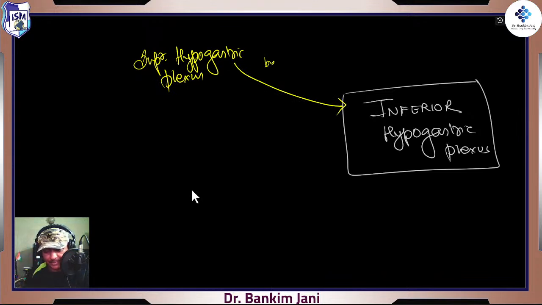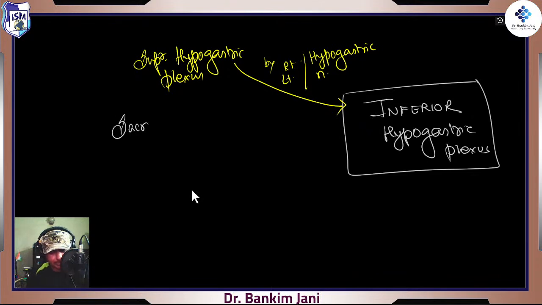And that is by, once again, the right and left hypogastric nerve. So this hypogastric nerve is the bridge between the superior hypogastric plexus and the inferior hypogastric plexus, right? Then we already talked about the sacral sympathetic, that is the main contributor, right?